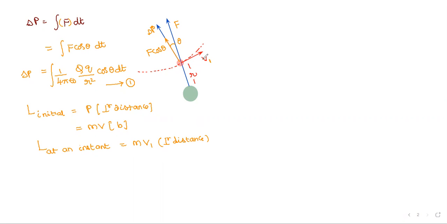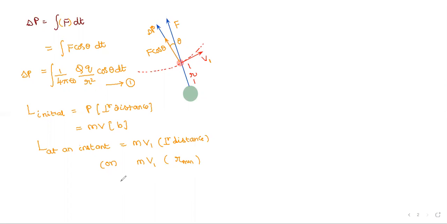If I take v1 perpendicular to r, then I can write it as m v1 into r minimum.